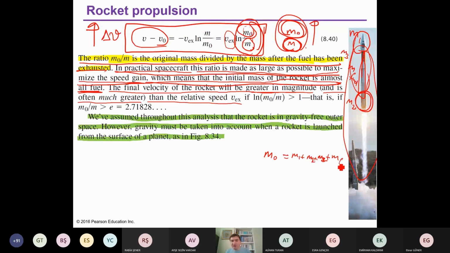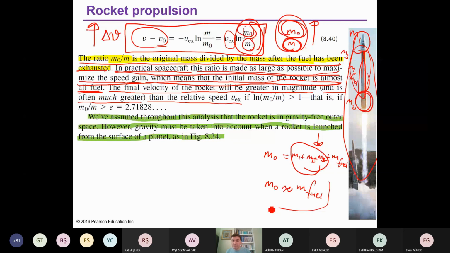If you can keep all these masses very small, and if you can get more or less this type of condition, so the total mass of the rocket is more or less equal to the mass of the fuel within the rocket, then you can provide very effective rockets. This is the definition of this equation.